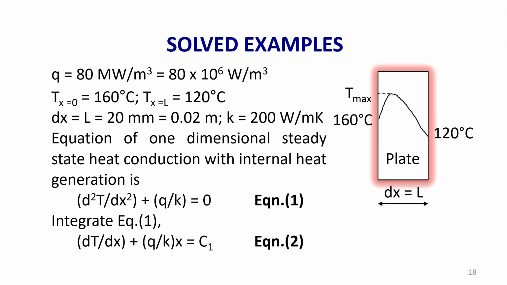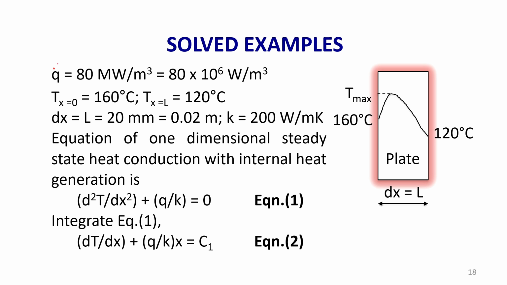Let us write this value, small q. This is actually q dot, we will take q dot. Small q is capital Q by A, that is heat transferred per unit area. Let us take this as q dot, and this is 10 power 6.